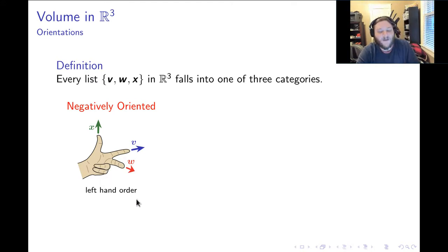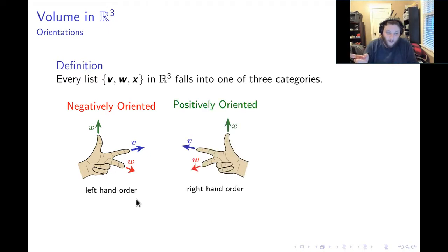Let's look at the opposite scenario. The opposite scenario would be right-hand order, in which case the list is called positively oriented. To do this, we do the same procedure except with our right hand. Shoot out our index finger, that represents the first vector on the list v. Then curl our middle finger into our palm, that represents our second vector on the list w.